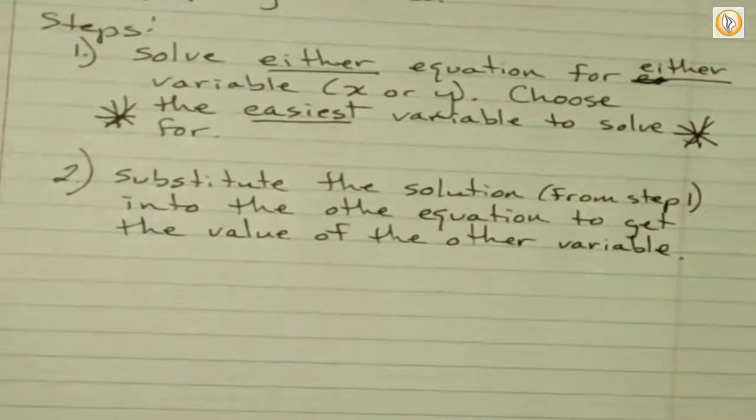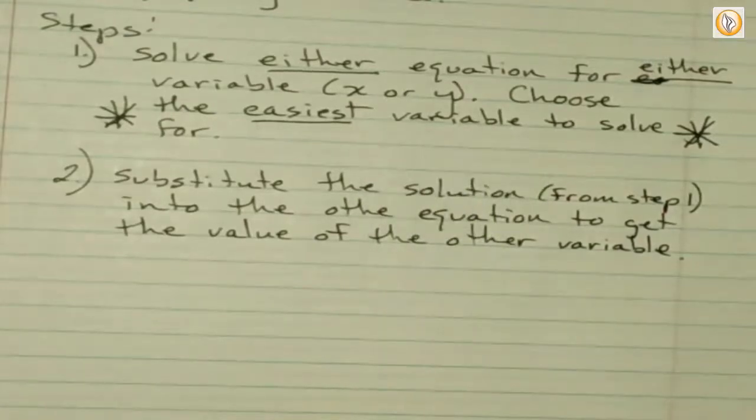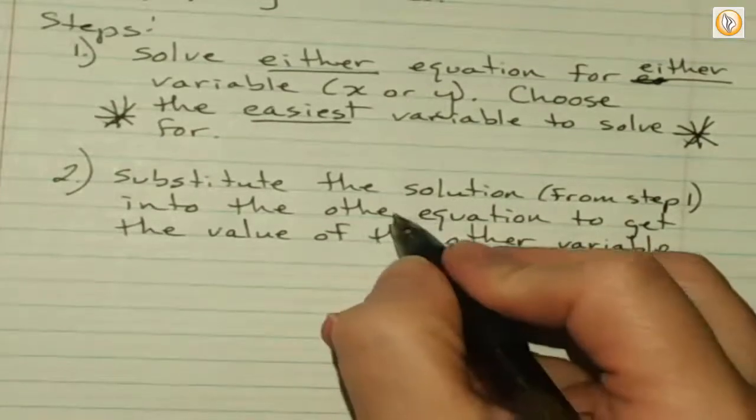Again, this sounds like blah, blah, blah until we start doing it. So step 2, you're going to take what you did in step 1 and substitute it into the other equation. Whoops, that says other.